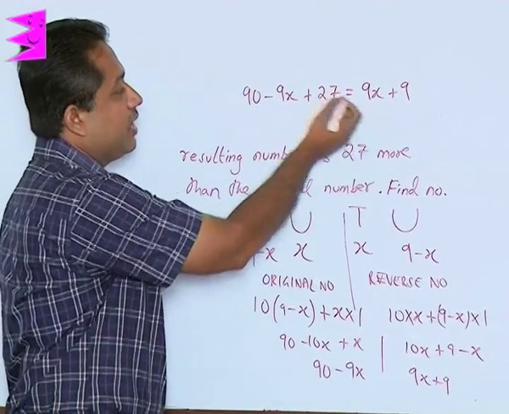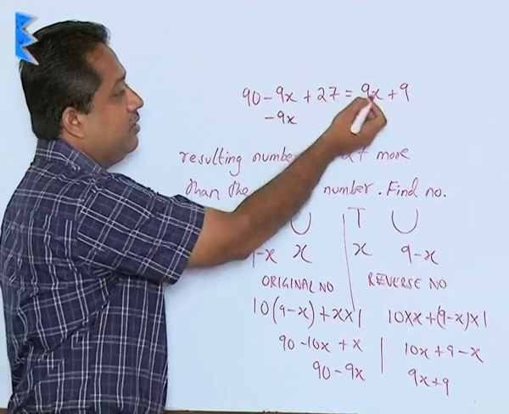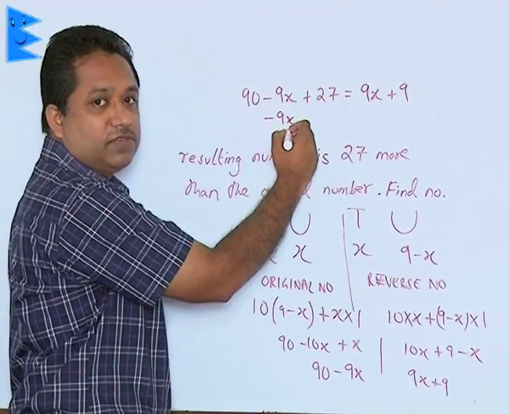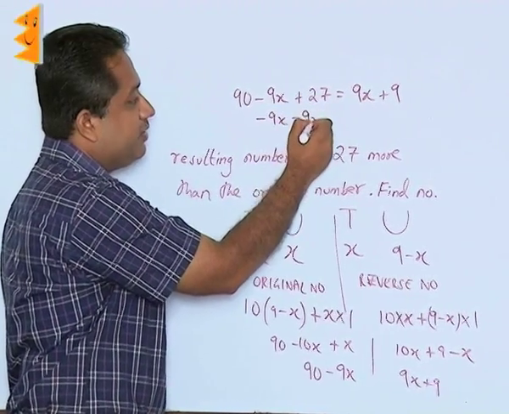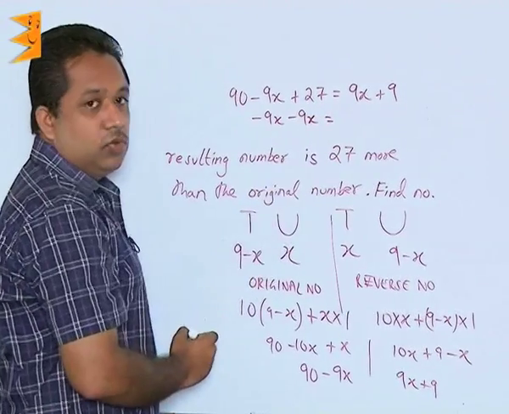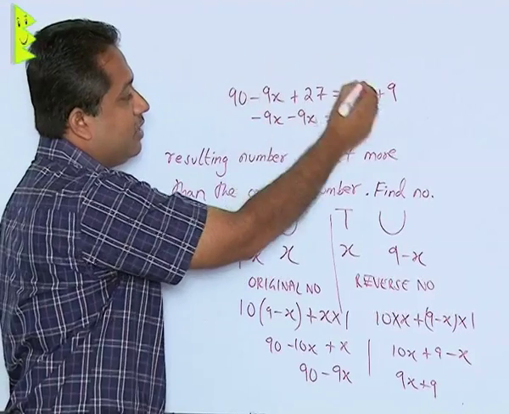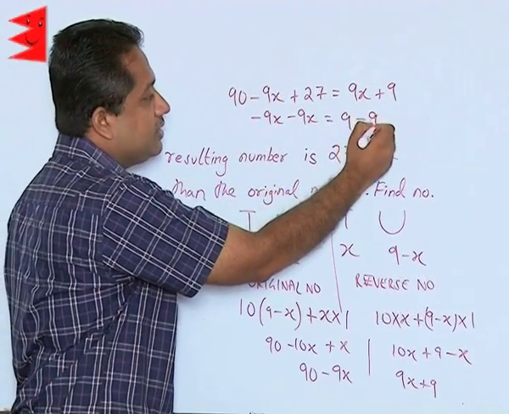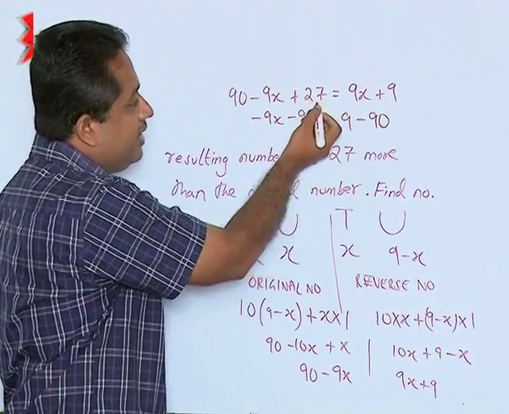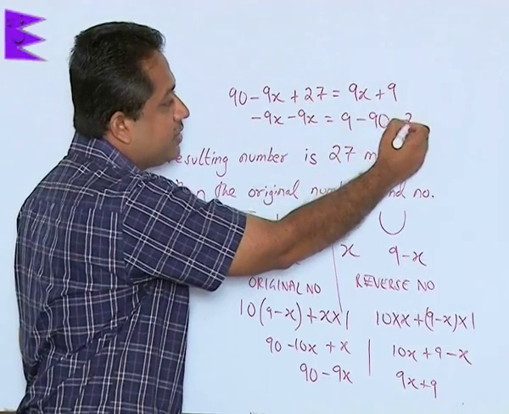Bring the like terms together. So, minus 9x, this plus 9x I am going to shift to the left side. So, that will again become minus 9x minus 9x is equal to, we have 9 and there is a positive 90 that I will transfer to the other side, that will become minus 90, and there is a positive 27 here, that will become minus 27.